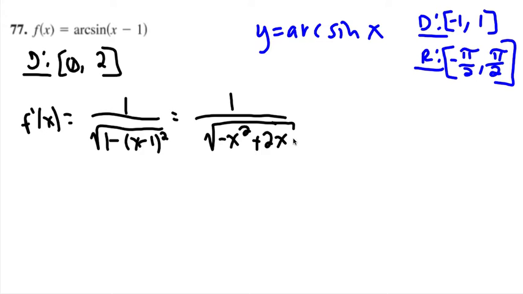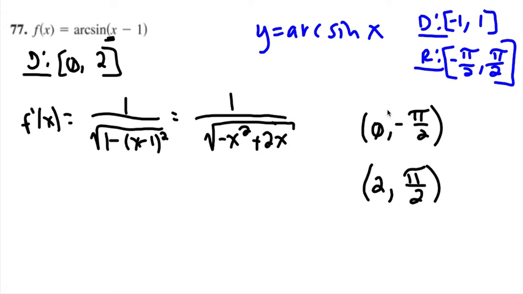If I plug 0 in for x back in here, my answer is -pi/2, because it's saying arc sine of -1, so what angle gives you -1? That's 3pi/2 or -pi/2. And then if I plug in 2, I end up getting 2 minus 1, which is 1. Arc sine of 1 asks what angle gives you 1 when you take sine of it, and that is pi/2.